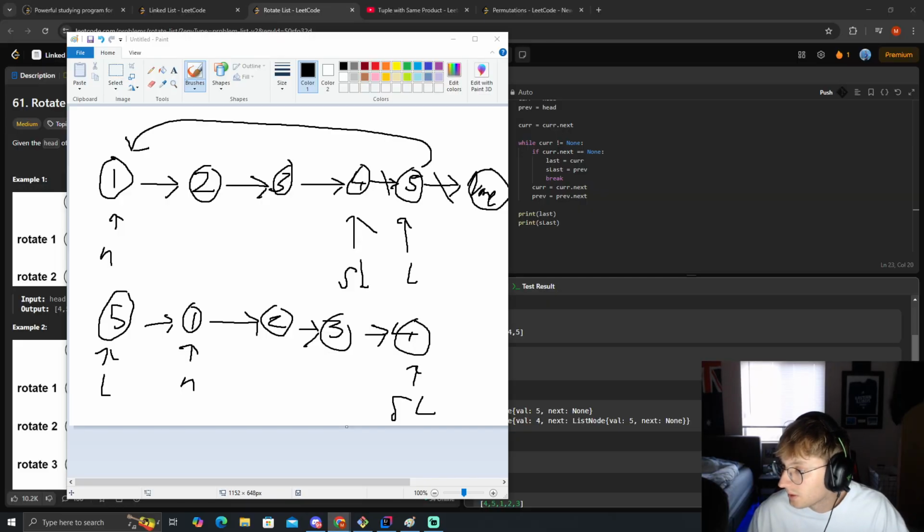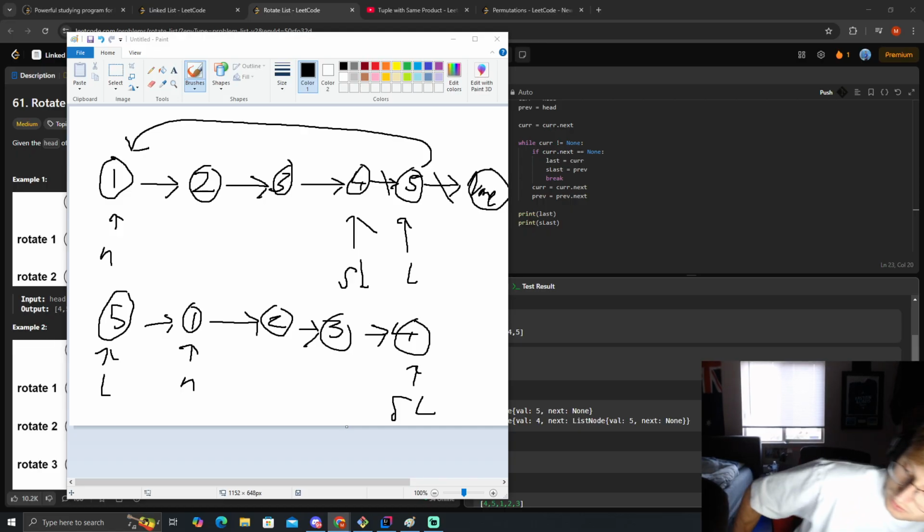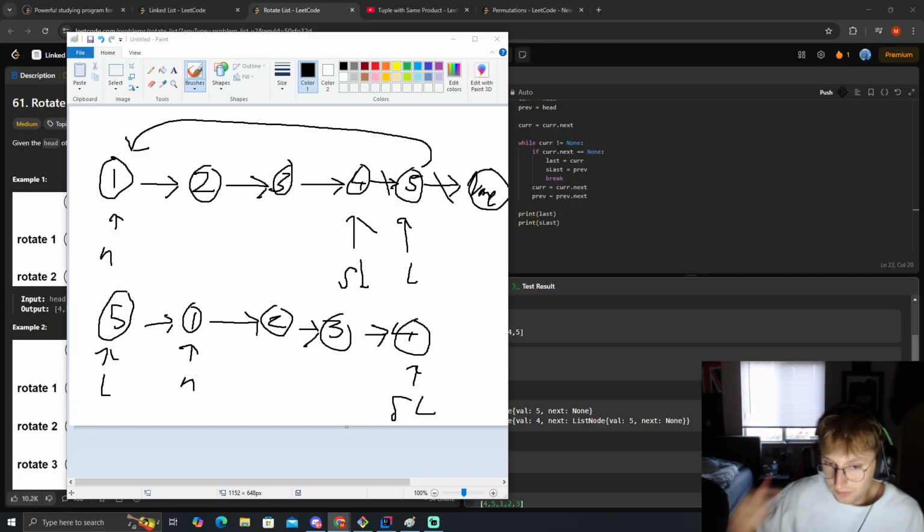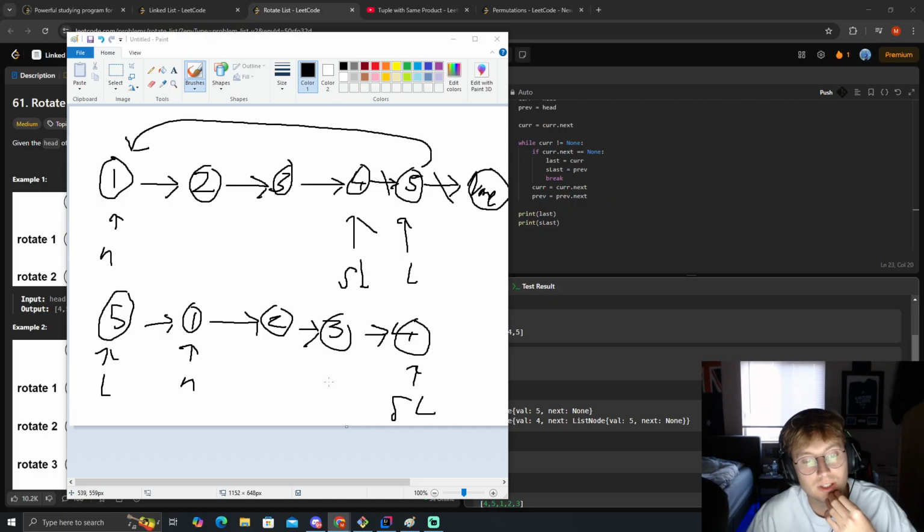Python. Ooh, maybe there's a tail. Because I'm thinking if we can always automatically access the last element on a linked list, then we still need access to this one. The thing is always going to change.